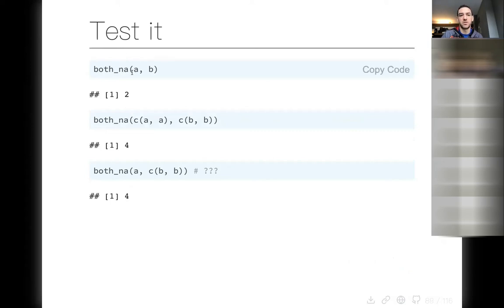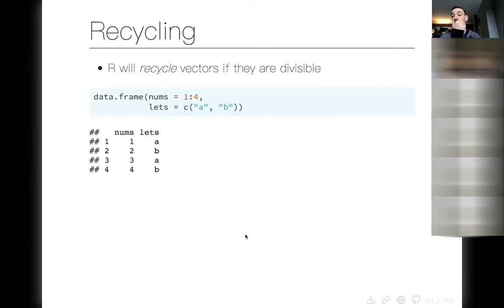Okay. So if I say both_na with A and B, that's great. It works. Both_na with AA and BB, that gets me 4. That works. But if I say both_na with A and then BB, I still get 4. Why is that? This is very strange. And the reason is because of something called recycling.